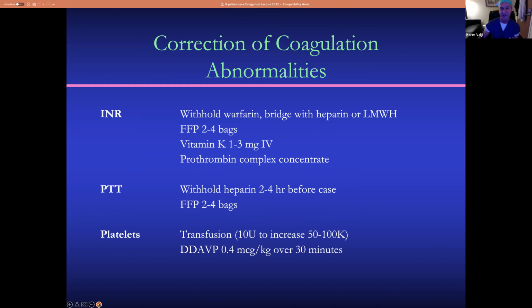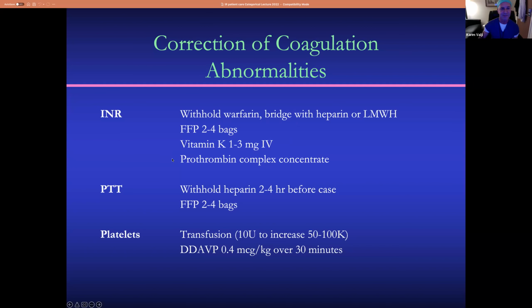And then if there's an abnormality of coagulation, then we want to correct that. For INR, typically withhold warfarin if they're on it. If it's not a warfarin effect, then you want to give FFP, although this doesn't work quite as well with patients with liver disease. In rare cases, if the INR is markedly elevated, the patient's exsanguinating, you can give vitamin K. It works, takes a little time to work, but unfortunately, once you've given it, you can't anticoagulate the patient with warfarin again for a while.